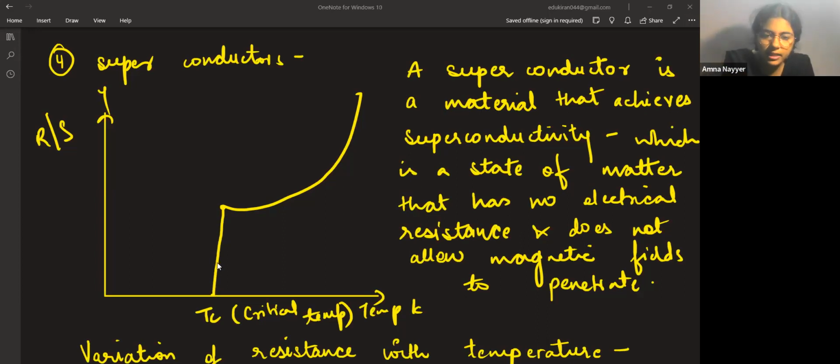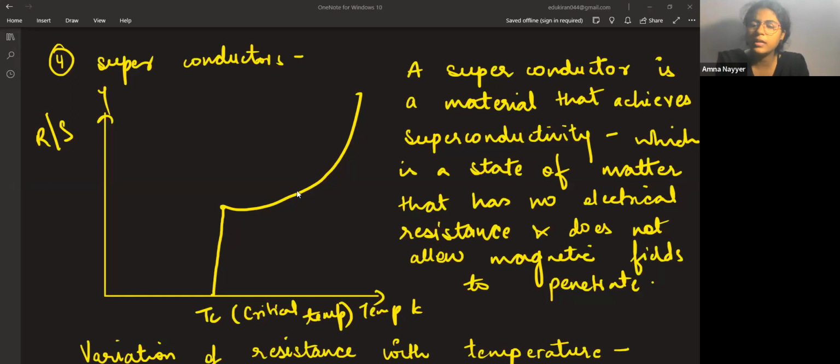As soon as this critical point is achieved, during the critical temperature only, there is an inclination in the graph. Gradually the resistance won't increase. If you look at the graph, try to interpret it. Here, temperature is increasing, resistance is not increasing. Again, temperature has increased, resistance is still the same. A very, very slight inclination in resistance when temperature is increasing.